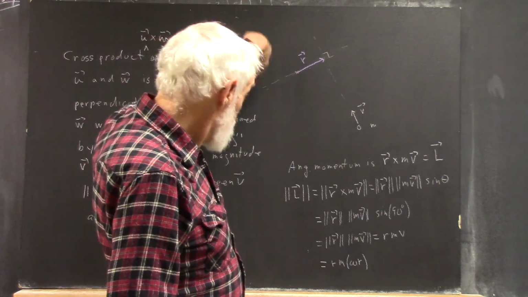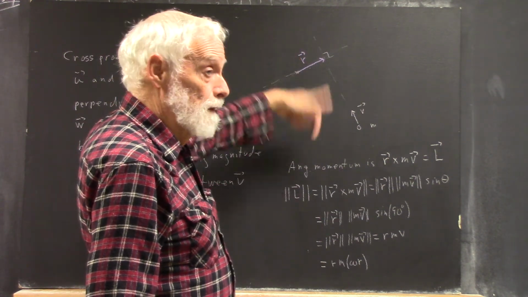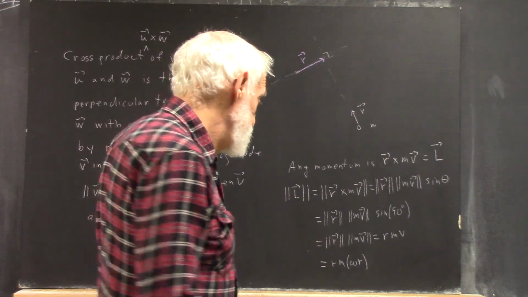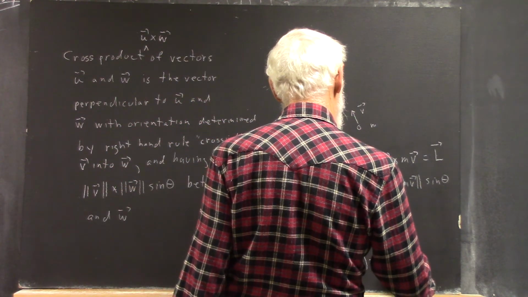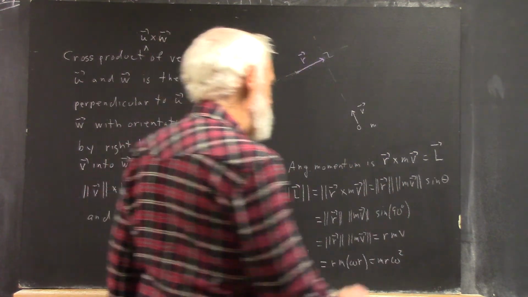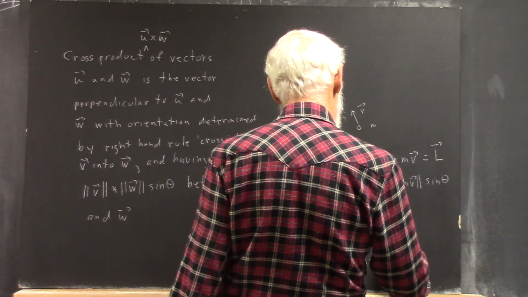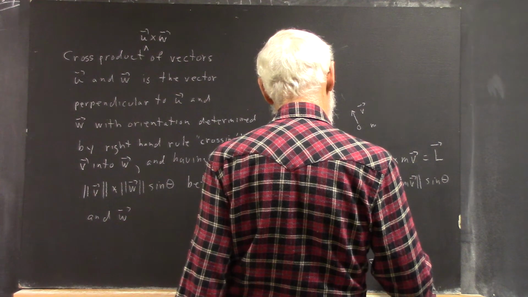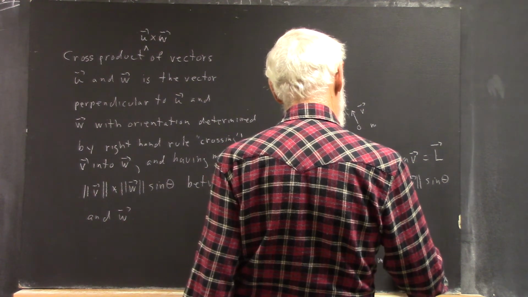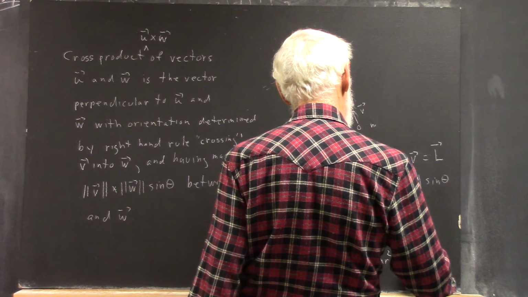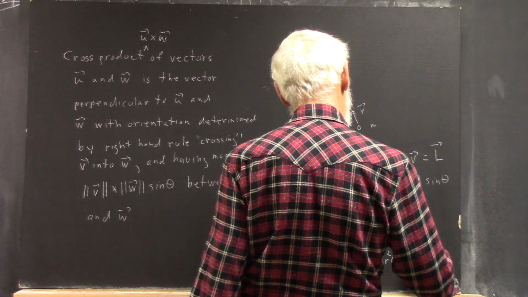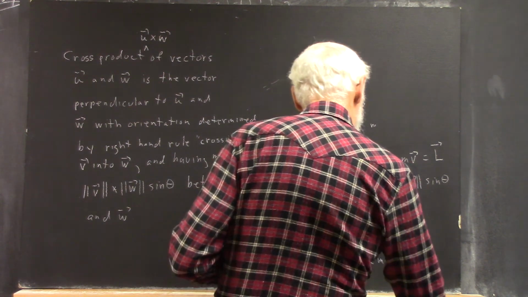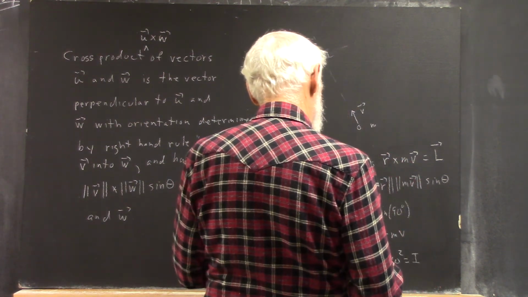The radius of the circle is R, velocity mv, which is mr squared omega squared. Something's wrong.